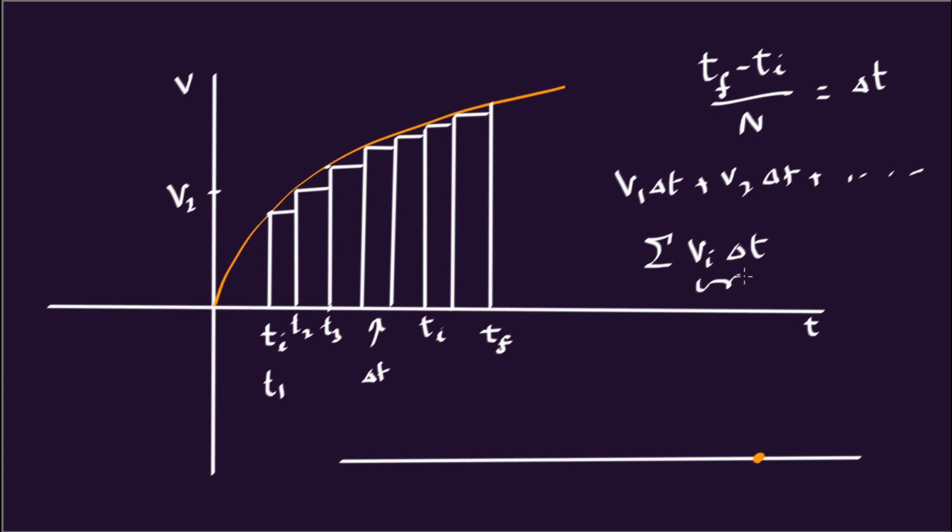But what we have here is an expression that assumes for each time interval delta t, the velocity that we calculated at the beginning of the interval remains constant.